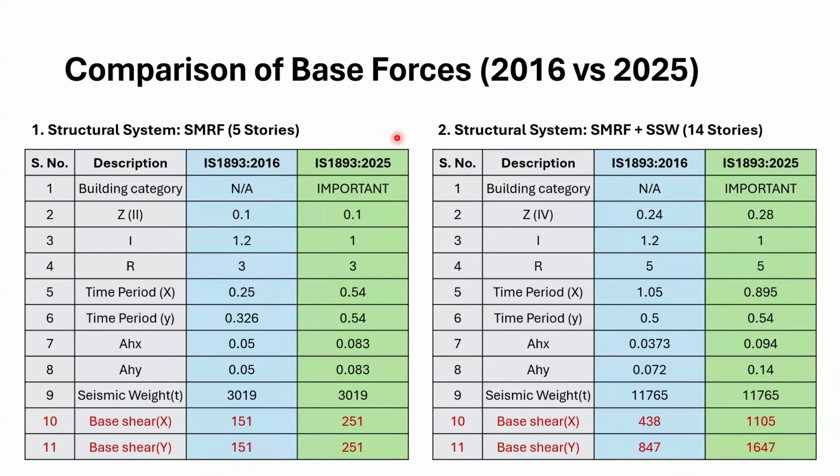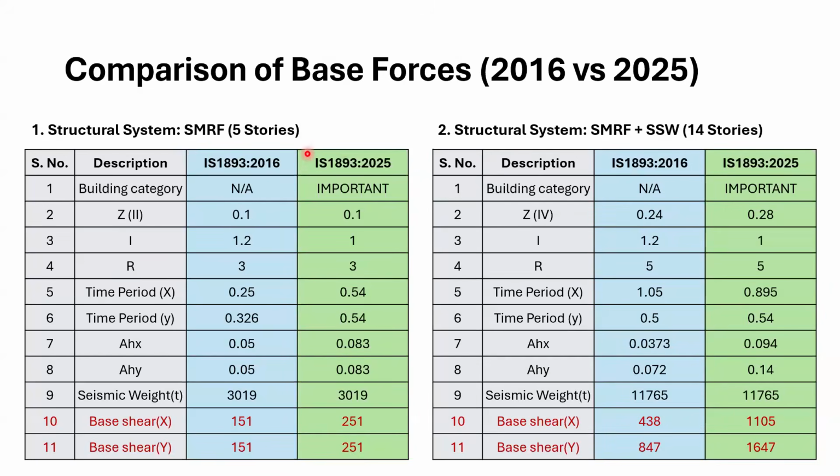Now we got this information from one of our users for two types of buildings. One is only special moment resisting frames of 5-story building. And the second is special moment resisting frame plus special shear wall of 14 stories.